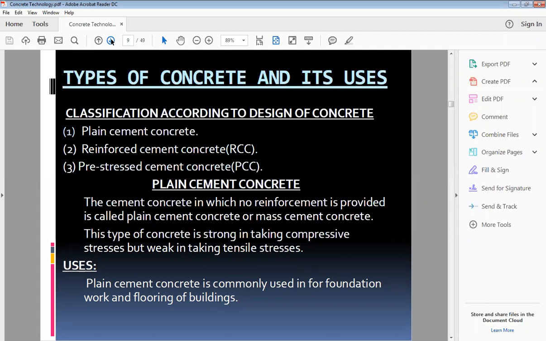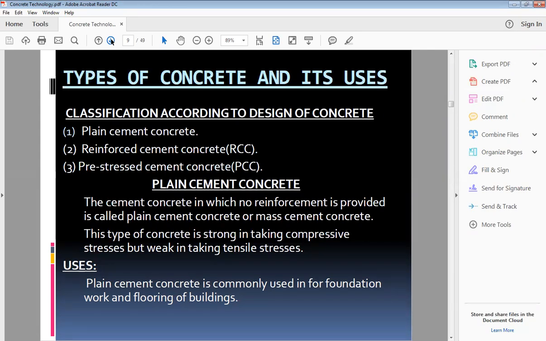Plain cement concrete, as the name indicates, has no reinforcement. It is only cement concrete without reinforcement, which we use in the foundation or flooring of a building, to provide a hard and durable surface for foundations and floors.